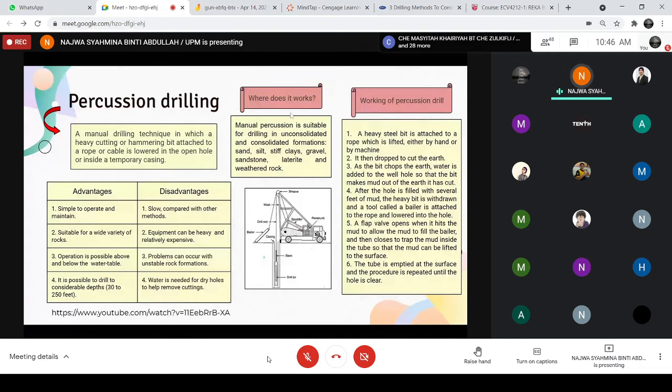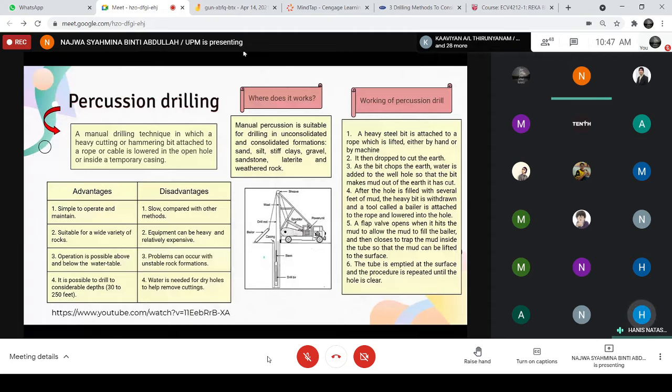Where does it usually work? The manual percussion is suitable for drilling in consolidated formations like sand, silt, stiff clay, gravel, sandstone, laterite, and weathered rock. I will pass to another member for the advantages and disadvantages of percussion drilling.